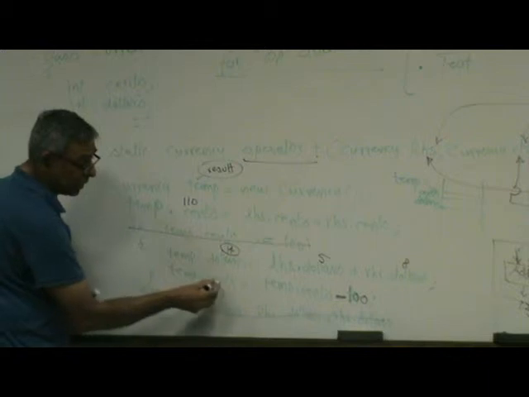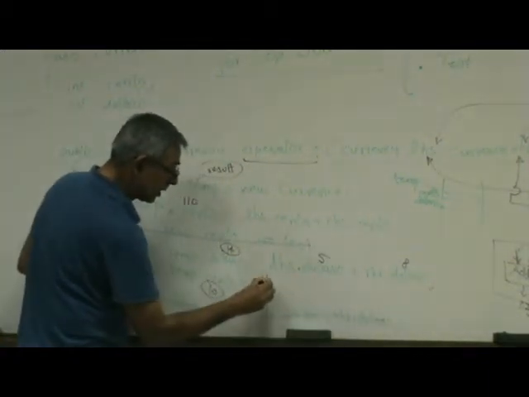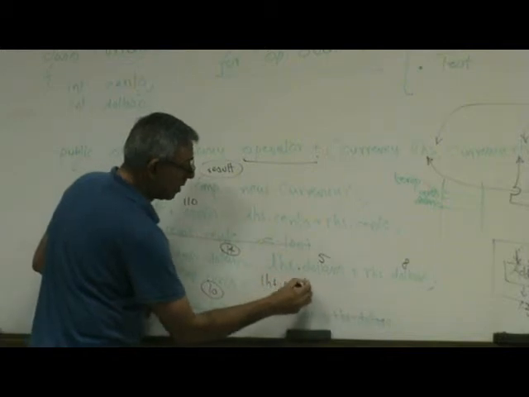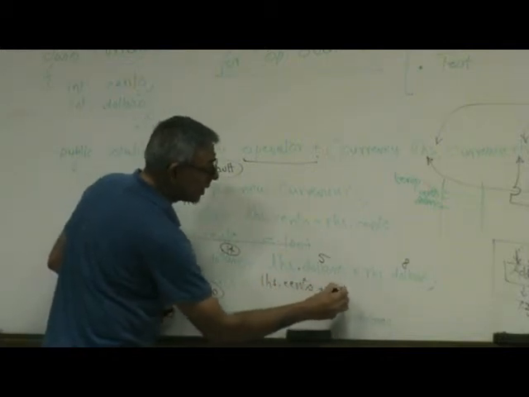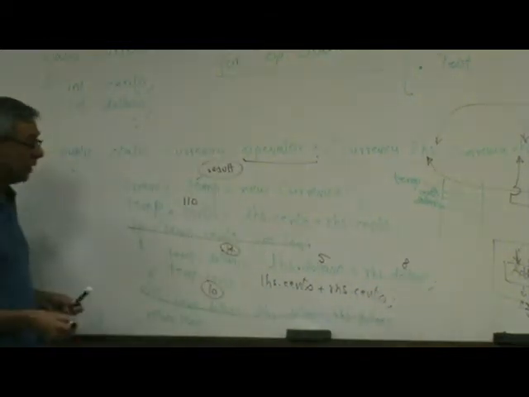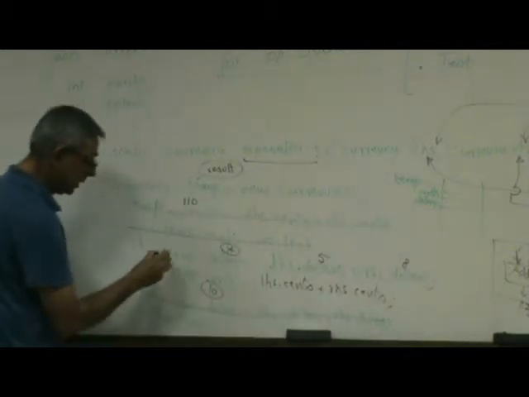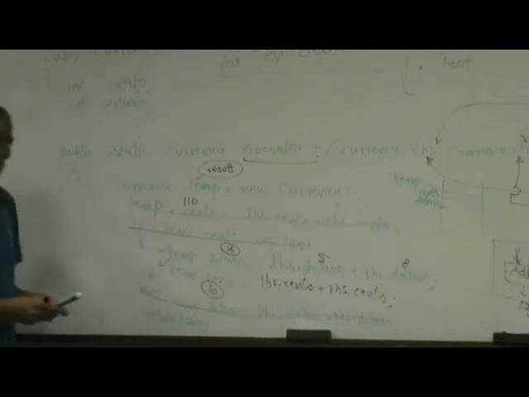And we say temp dot cents equal to LHS dot cents plus RHS dot cents. So all we are doing is simply adding the dollars, adding the cents, no other code over here. So let me just remove that. So just these two lines of code.